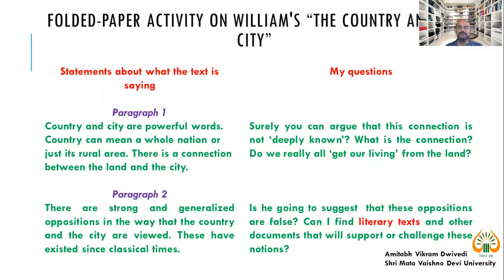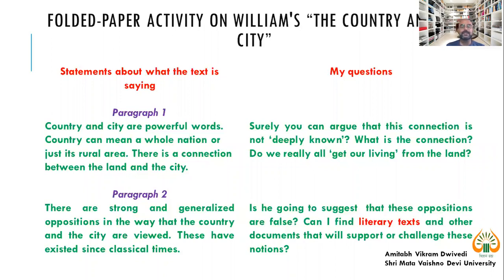What is my question? Is Raymond Williams going to suggest that these oppositions are false? So I'm just raising my doubt against Raymond Williams' views. Can I find literary texts and other documents that will support or challenge these notions?